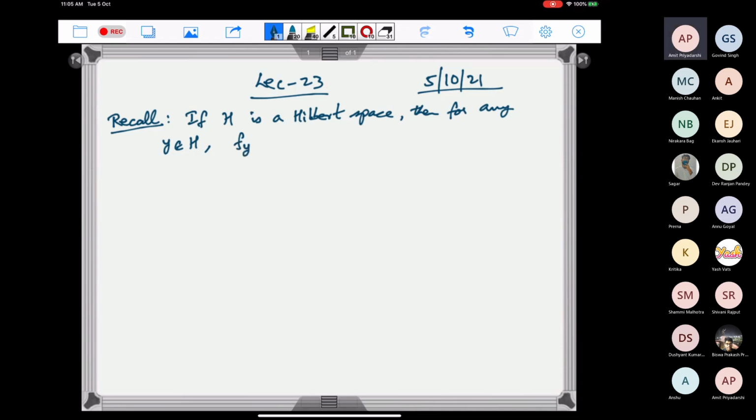f sub y from H to C defined by, this can be C or R, so whatever the scalar is, f sub y of x is equal to the inner product of x with y.